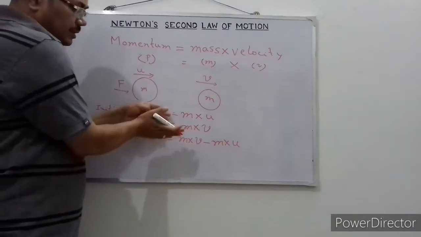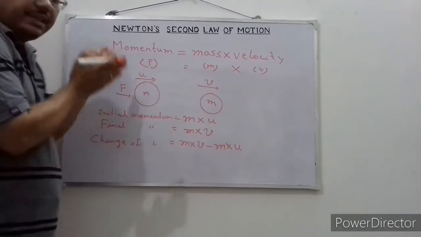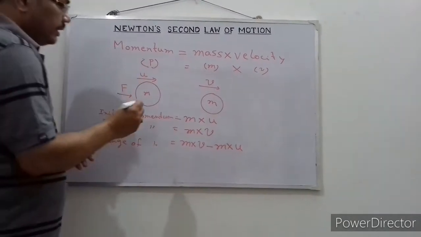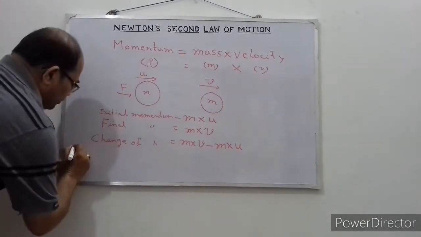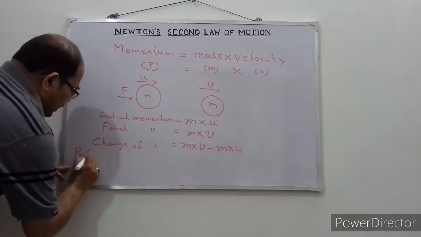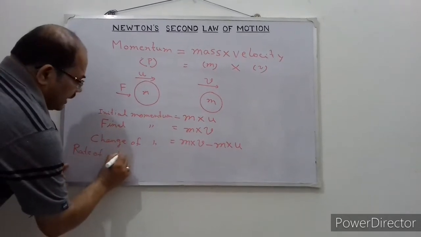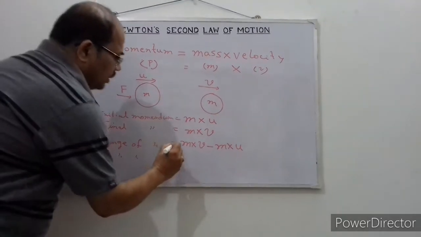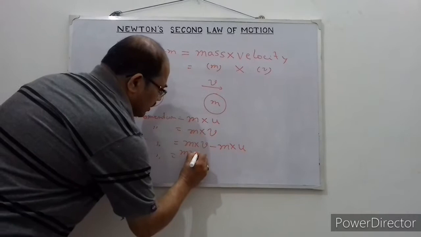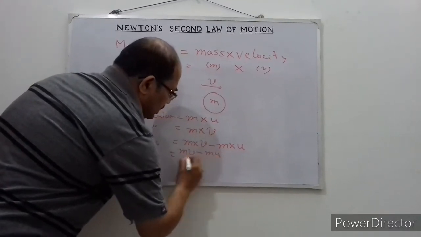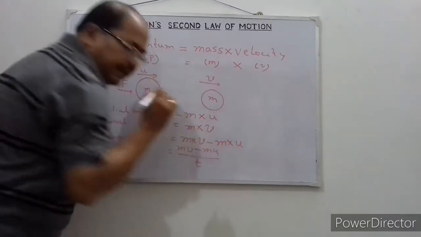Now if the change of momentum takes place in time t, then rate of change of momentum equals mv minus mu divided by t.